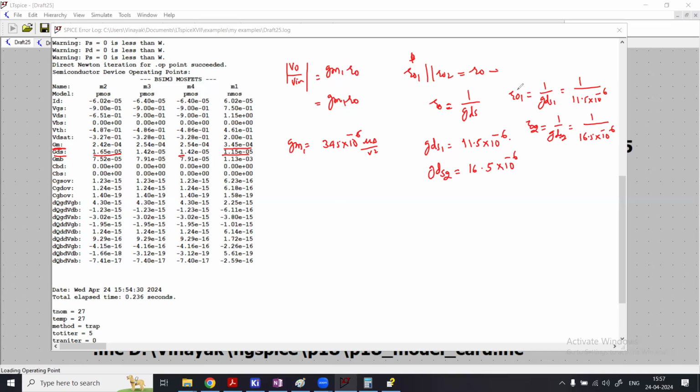So once you have the values of RO1 and RO2, because you have the values of GDS1 and GDS2, get the value of RO, plug in that value of RO here, you have the value of GM here, and give me the value of VO over Vin. That is your theoretically calculated, or in fact the SPICE simulated gain, right? With the DC analysis, we have done that. Okay, so this is how you will do it.